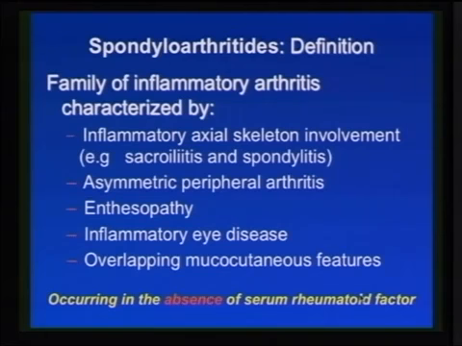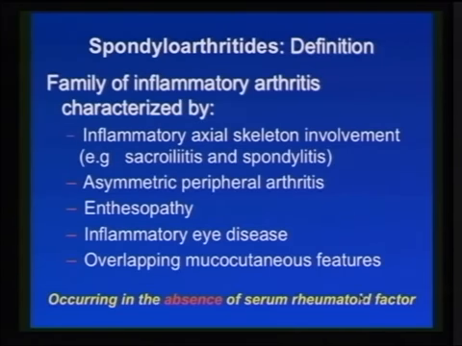Spondyloarthritis is a broad term, and it is a family of diseases. It is very important to know that it was previously labeled seronegative arthritis. This term is no longer used because some of these cases have positivity of the rheumatoid factor. So seronegative arthritis has been replaced by spondyloarthritis, which consists of different diseases.